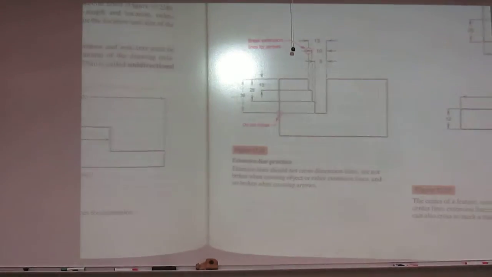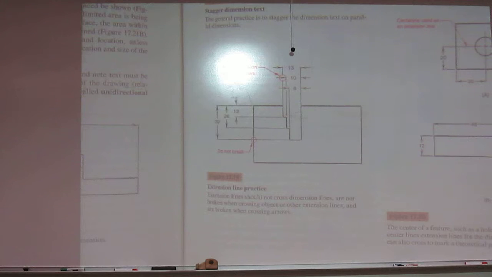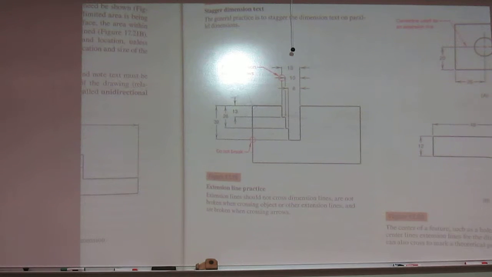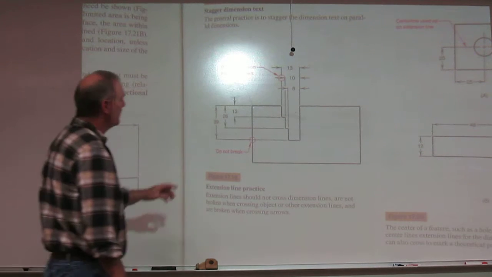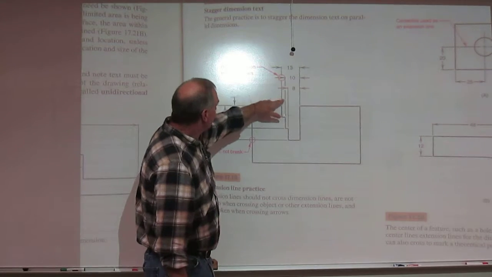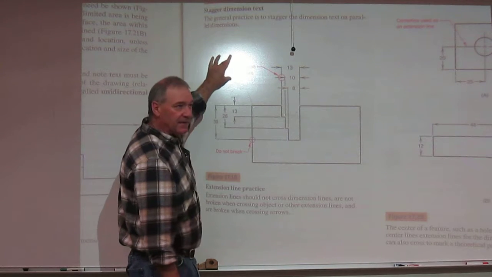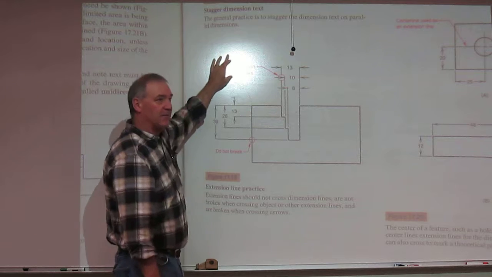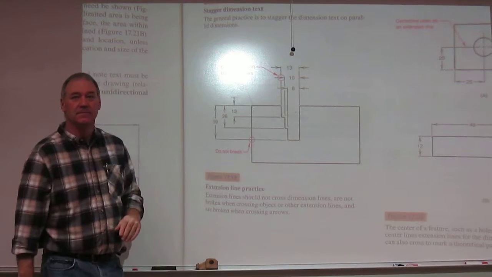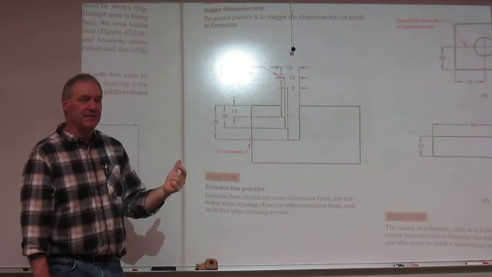Now, the figure right before that, 1719, on the other side of the column, shows when you do break them. They're pulling this extension line up, and the author's saying break it around the arrows, really break it around the dimension line. The arrows are part of the dimension line.